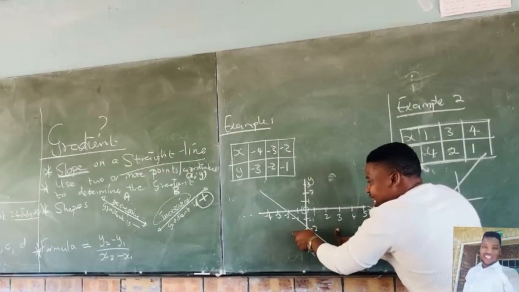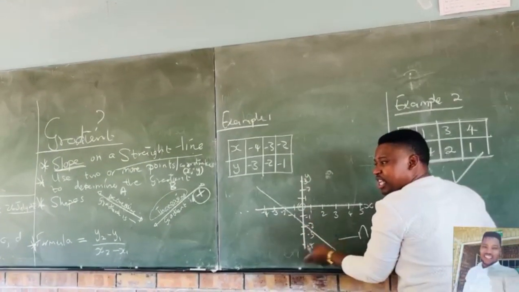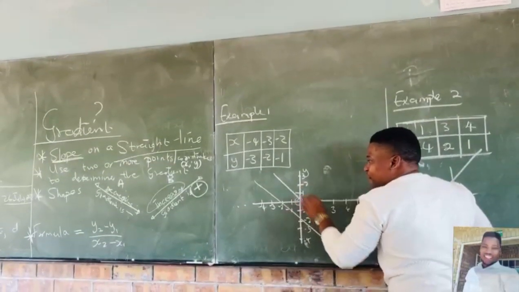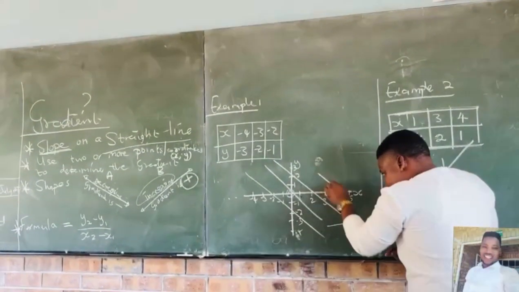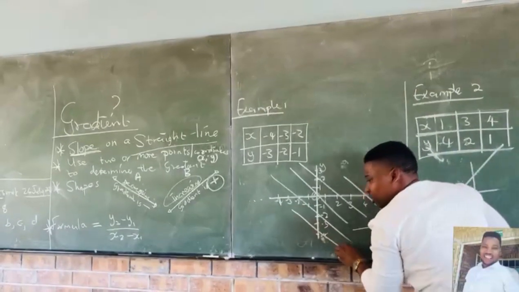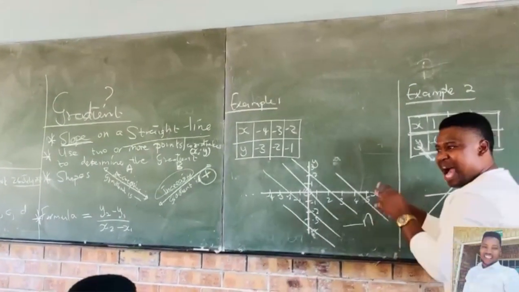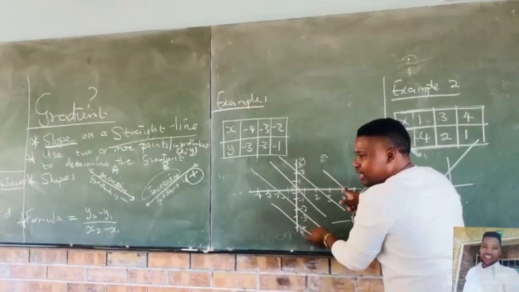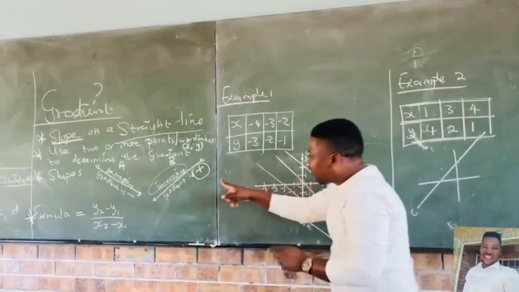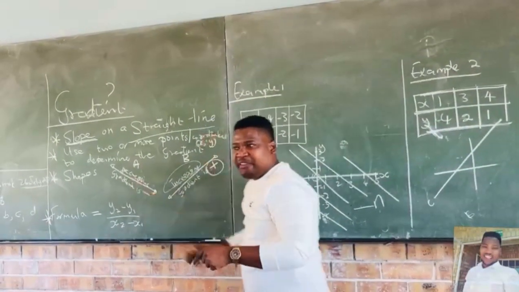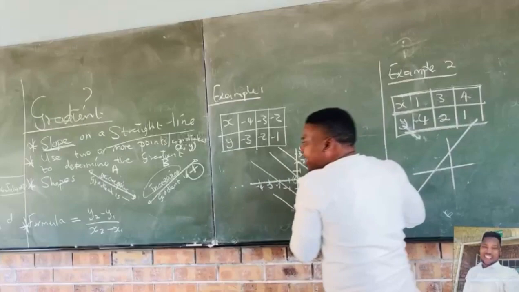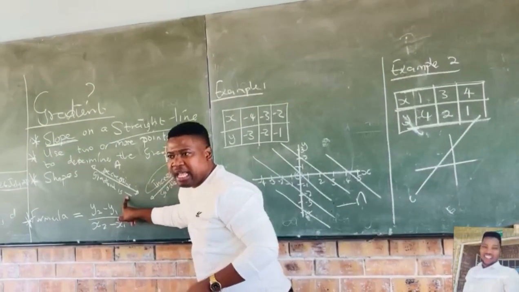It may not be passing only through this point. Some graphs may be passing here, some may be starting here, going to this side. Are we clear? But what must you know about this graph? You must know that this graph is decreasing. When I have to find the gradient of this graph, the gradient is going to be a negative number.